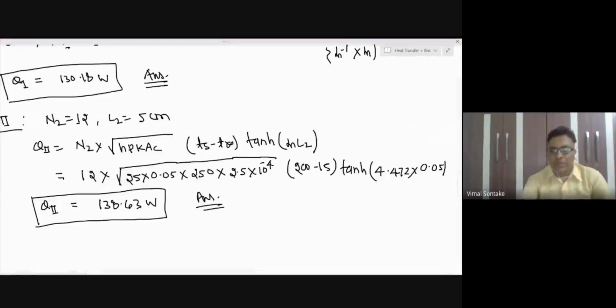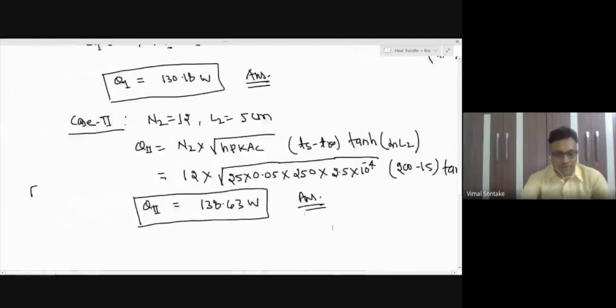Now this numerical is not merely a numerical. I can draw some conclusions because in case 1 there were 6 fins of 10 centimeter length. In case 2 there were 12 fins of 5 centimeter length.